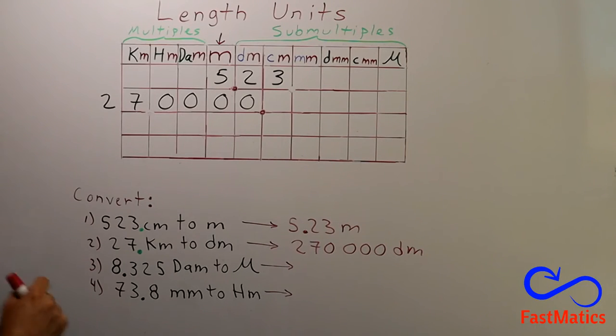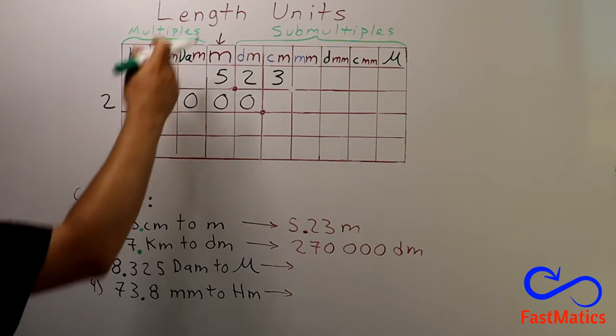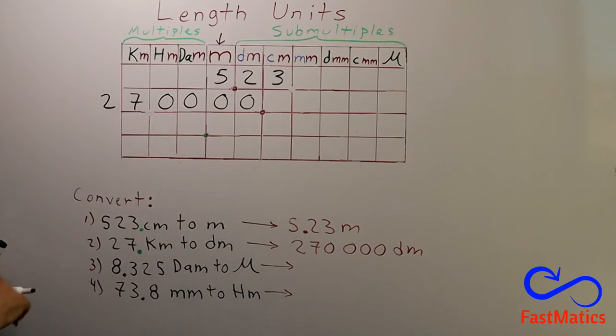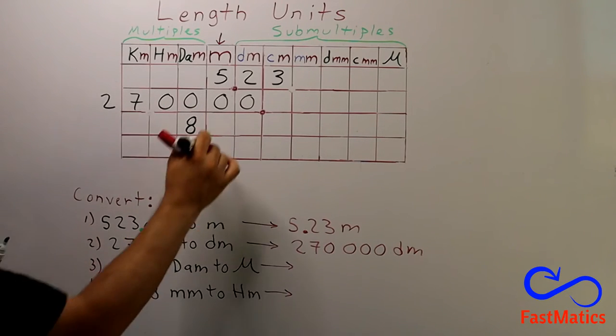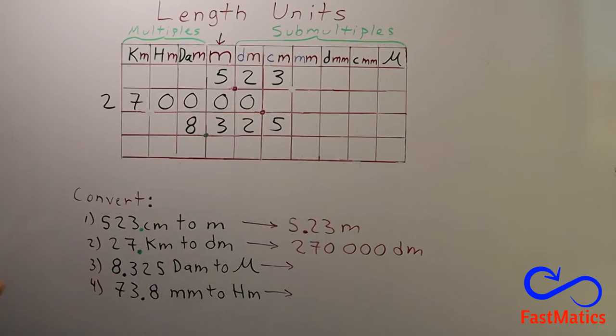Now, another exercise. You want to convert 8.325 decameters to microns. Well, you see that the decimal point is here, so you find the decameters abbreviation and you put the decimal point at the end of the decameters abbreviation. So decameters, the decimal point, and you see here that you have 8 to the left of the decimal point and 325 to the right.